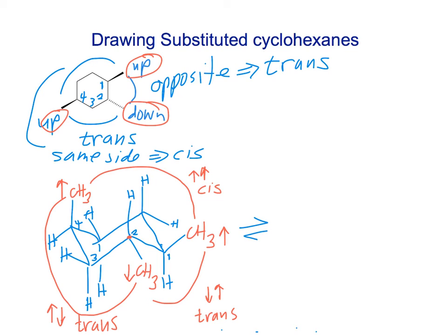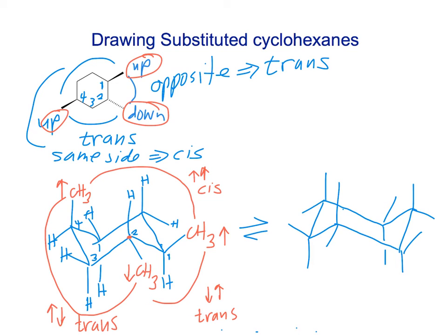Let's draw our other chair conformation that's generated through a ring flip. Okay, we start the opposite direction, and we generate our ring. We go through, we put all of our bonds, axial bonds, and equatorial bonds, all right, and then we place our substituents.